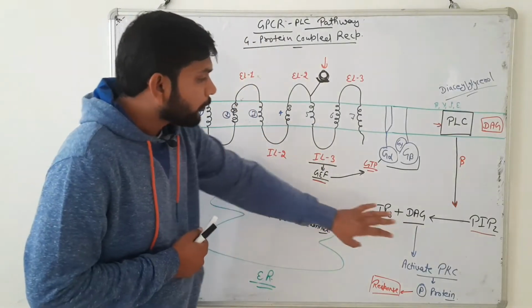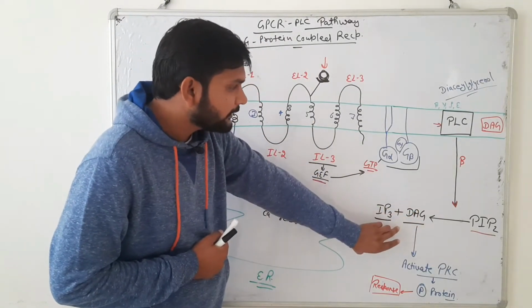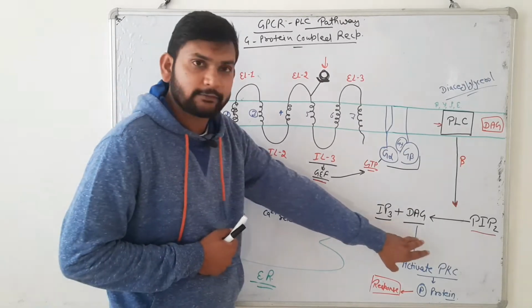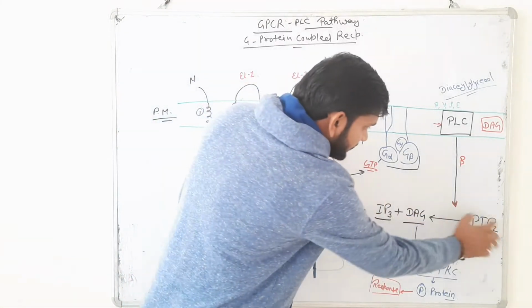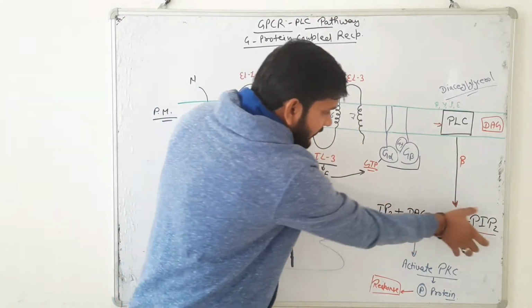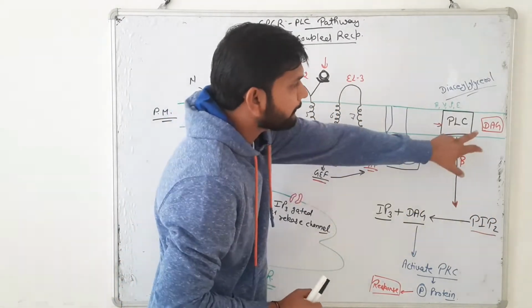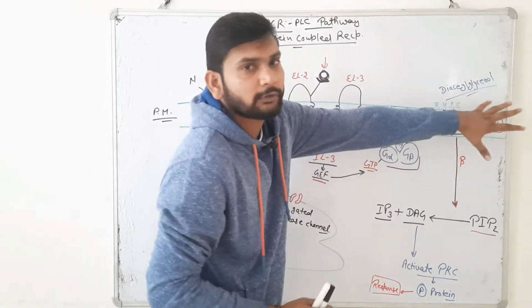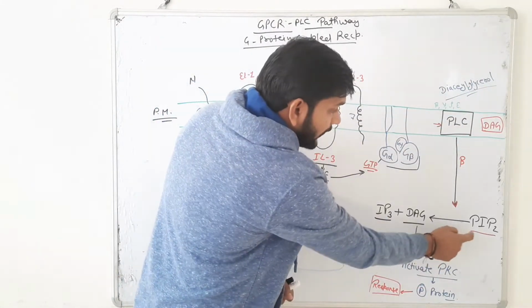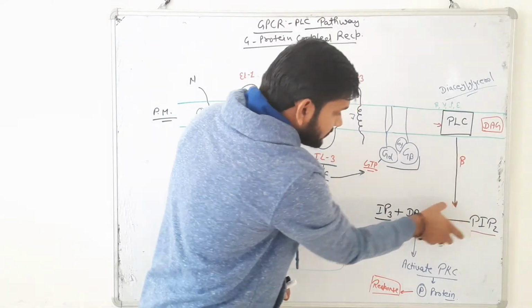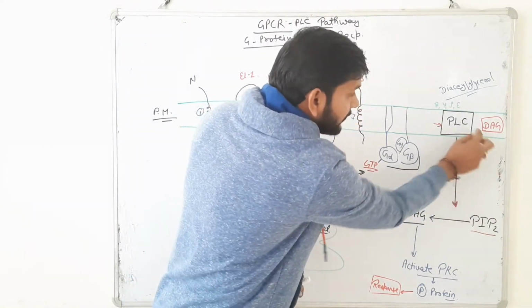Okay, so what will be the work of IP3 and DAG? This is a very important point. This step occurs in the plasma membrane. Because there is no place, I have written it here. These steps occur in the plasma membrane.